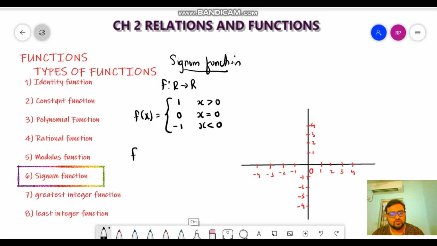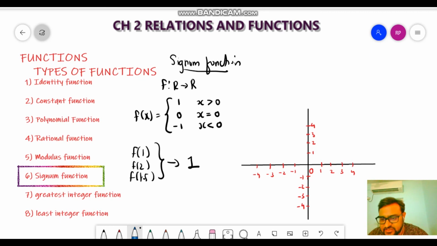Now see here, if we draw a graph, then for any value like f of 1, f of 2, f of 1.5, for any value greater than 0, its answer is 1. But f of 0 will be equal to 0.